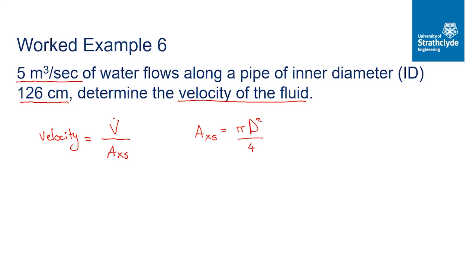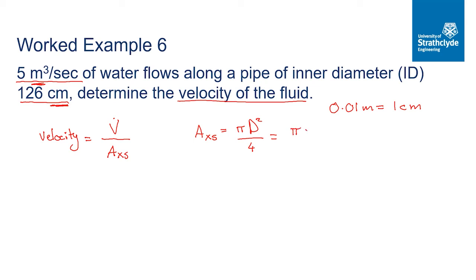Now, we'll want to convert our 126 centimeters into meters so that we have consistency with our volumetric flow rate. So just to calculate that out, 0.01 meters is equal to 1 centimeter. So there's our conversion factor. So we'll couple this up with calculating our diameter squared.